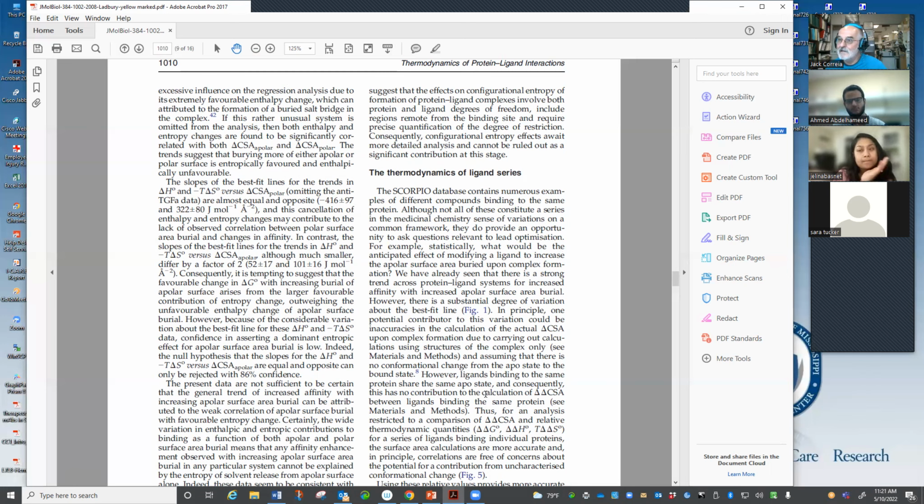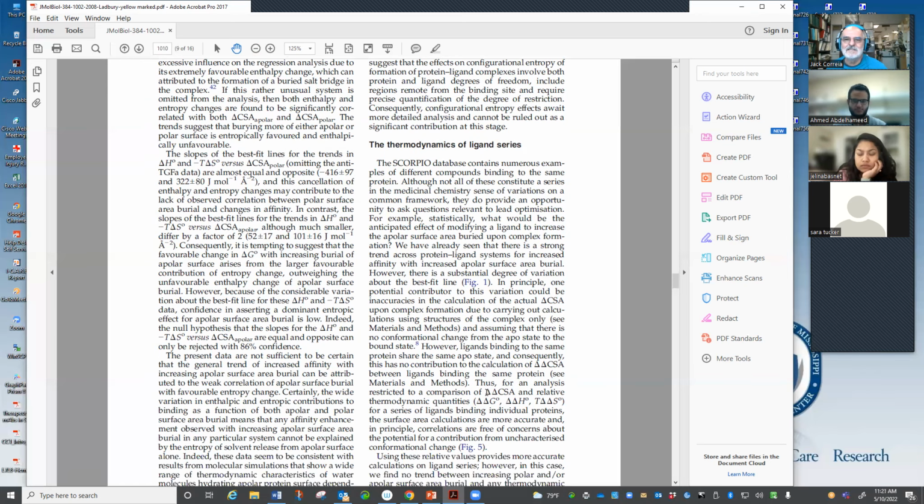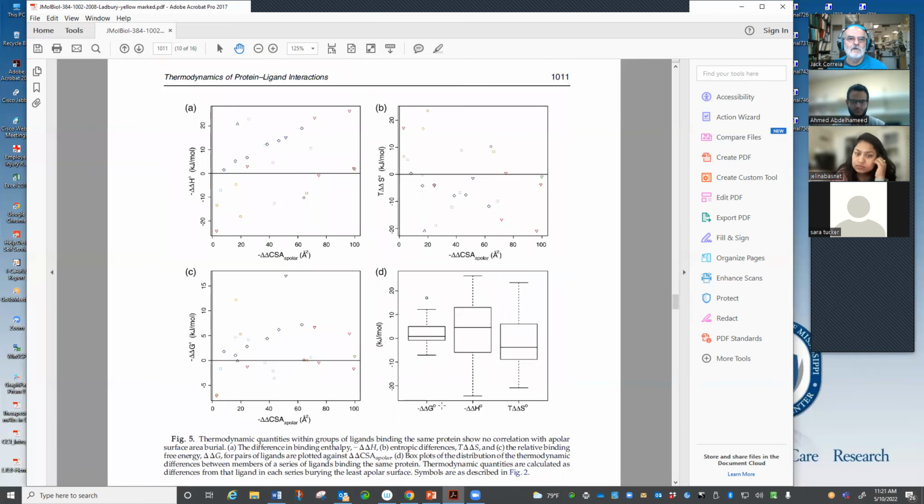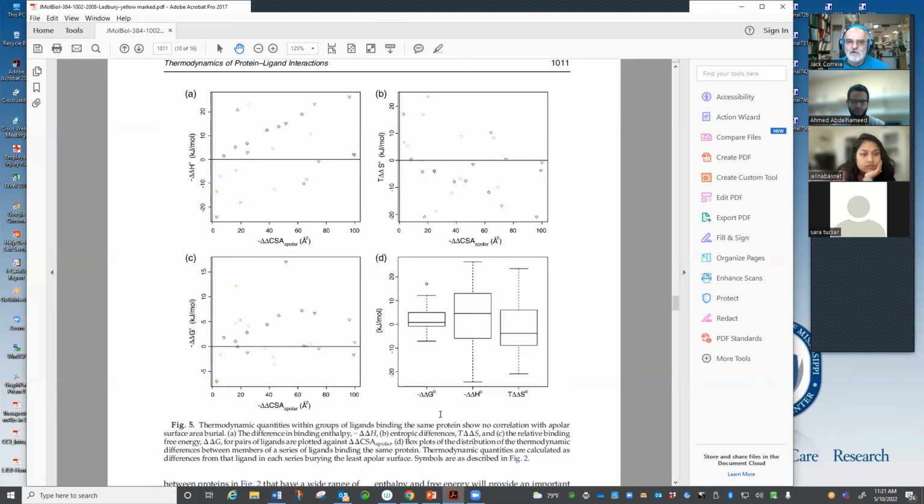The binding site on the protein is the same one. We're just modifying the drug. So maybe that will simplify stuff. And that's what they're trying to do here with a narrower subset of ligands.